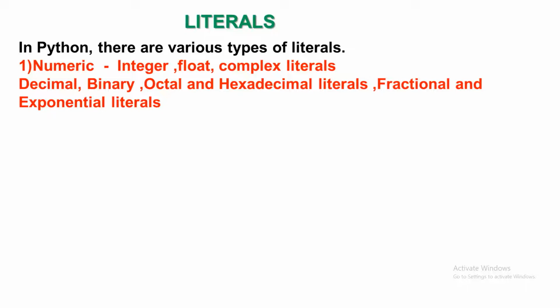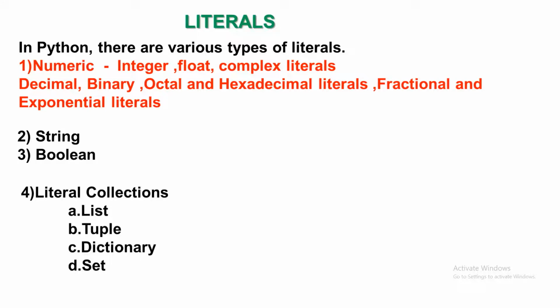Under floating point literals, we have fractional literals and exponential literals. We also have string literals and Boolean literals. Apart from this, there are 4 different types of literal collections: list, tuple, dictionary, and set.